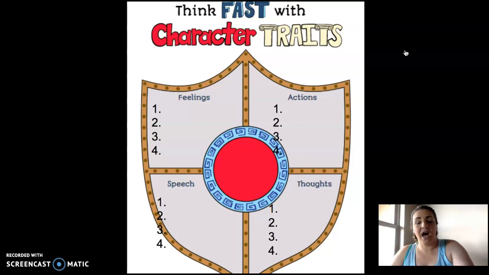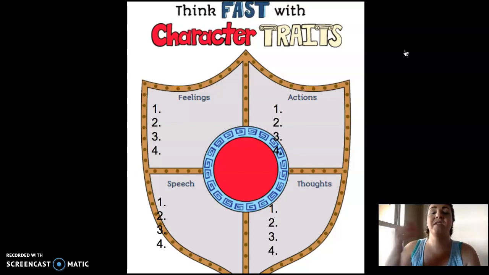In the red dot in the middle of the shield is where you're going to put the character that you're using, okay? You put the character's name there, and then you can record some of their feelings they had, whether it's inferred or not, actions, thoughts, some of the things that they say. So ask yourselves some questions like that first slide and write some of those things down. And then you can infer what kind of character that person is, all right?